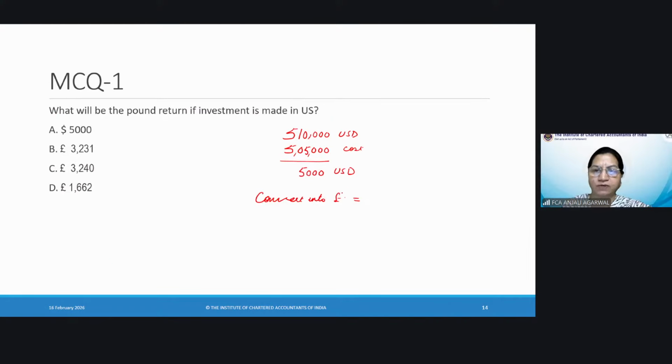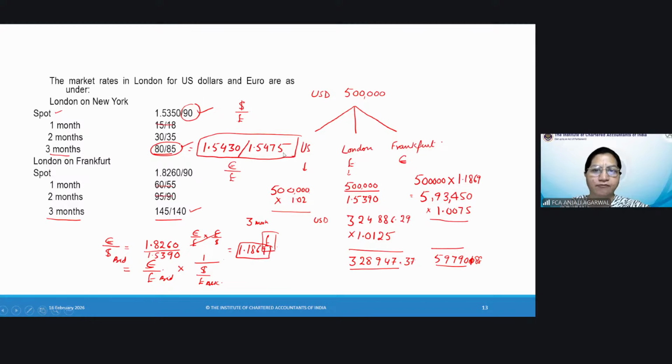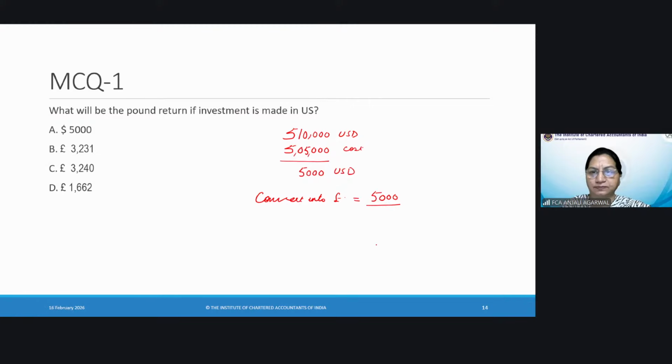So when you want to convert, you have to sell the dollars or buy the pounds. And when you want to buy the pound, it is going to cost you the ask. So 5,000 divided by 1.5475. You can also remember we had dollar by pound, bid and ask.